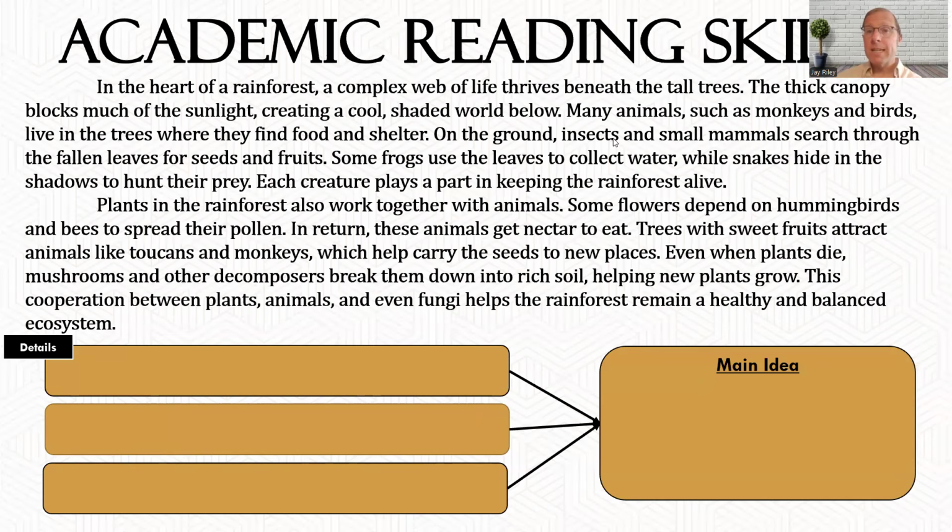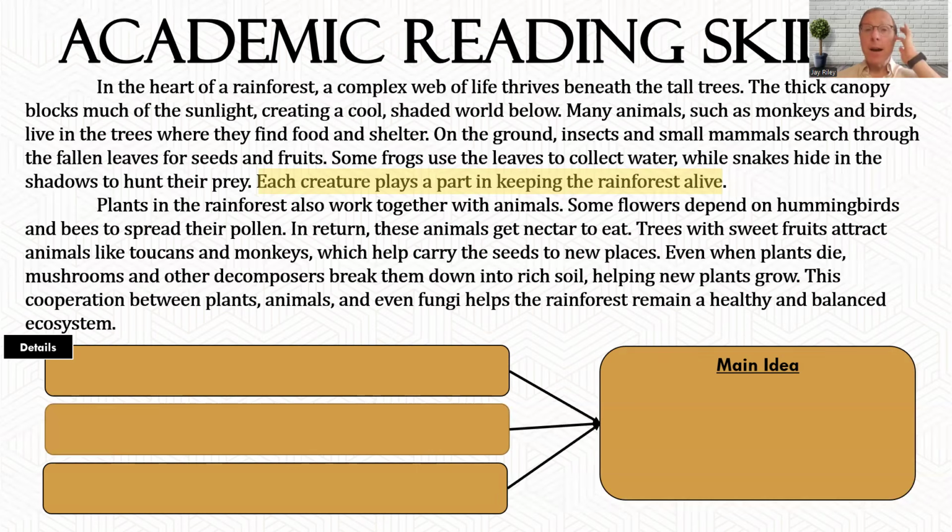On the ground, insects and small mammals search through the fallen leaves for seeds and fruits. Some frogs use the leaves to collect water, while snakes hide in the shadows to hunt their prey. Each creature plays a part in keeping the rainforest alive. That looks really important to me. I see how all these animals play an important part in the rainforest ecosystem.